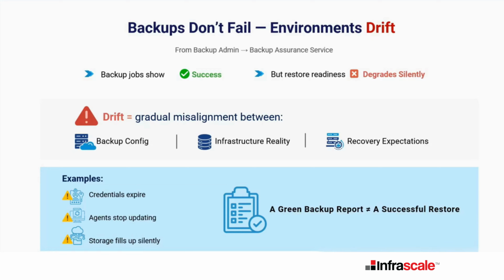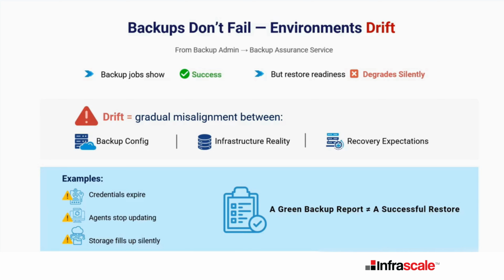So let me give you a few very common examples. Credentials expire, and suddenly backups may still run, but certain data isn't being captured correctly. Agents stop updating, so you are no longer fully protecting newer systems or changes. Or storage fills up silently, which can impact retention, recovery points, or even the ability to complete restores.